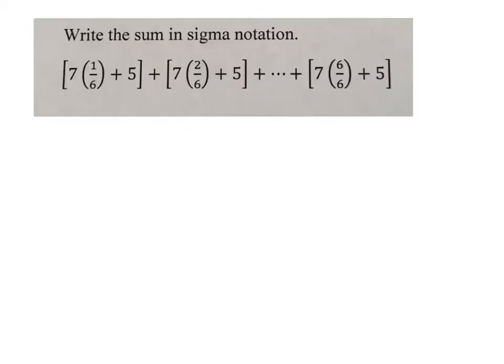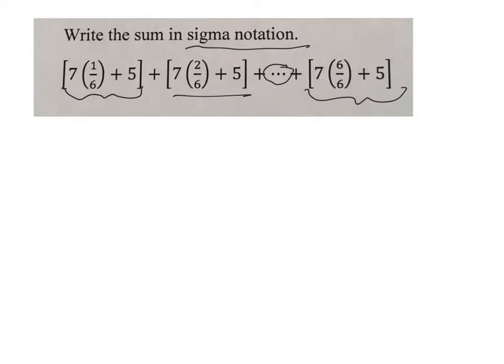Now this next problem, we will actually be doing a lot of this, taking a sum written out in the long form and writing it in sigma notation, or writing it as a summation. And what you have to look at, well, this looks like our first term, then our second term, and so on, and this ends up being our last term.